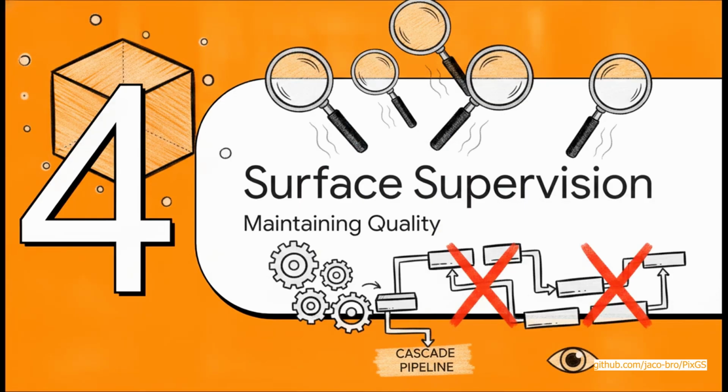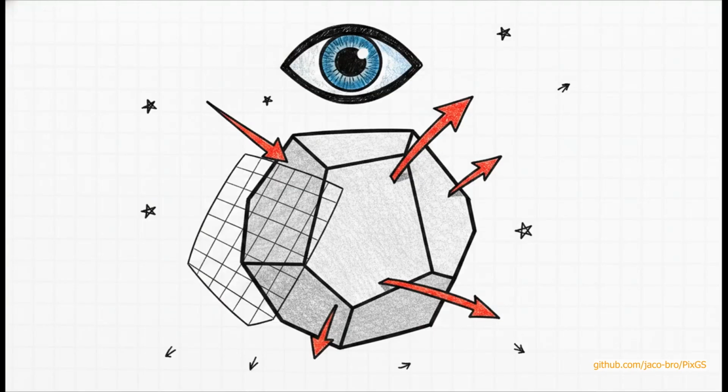Okay, Part 4, comprehensive surface supervision. You might be wondering, how does it maintain such pristine structural quality without relying on a massive cascade pipeline? Well, it uses a seriously robust supervision strategy. Older methods usually ignore high-frequency structural info, which leaves you with 3D outputs that look smooth, but kind of blobby or featureless. PixGS doesn't do that.